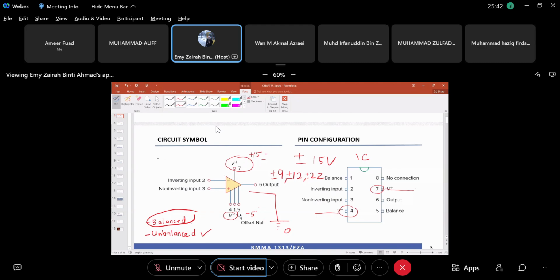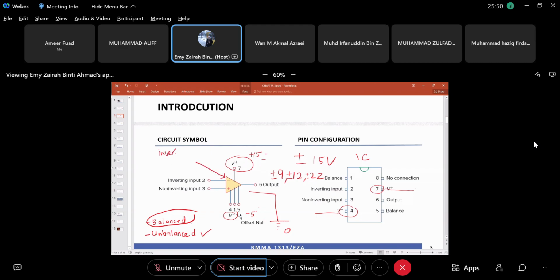Negative is equivalent to inverting terminal. And likewise, this is the non-inverting terminal. Later you will see how you identify what type of op-amp the amplifier circuit is.